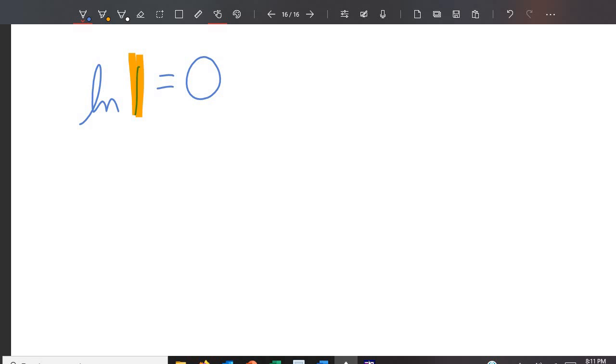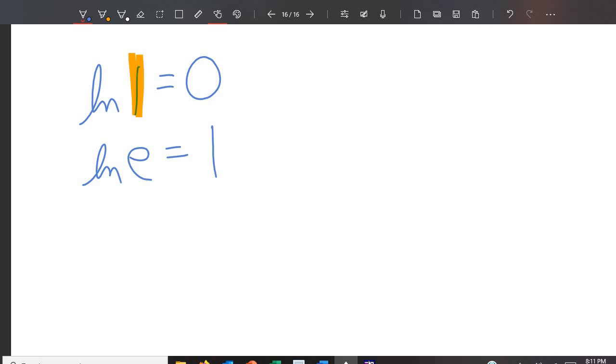This property holds true for any logarithm. Doesn't matter if it's common, natural log, or general. If there's a 1 there, it's a 0. Another one is this one. This is a special one. The natural log of e is always equal to 1.